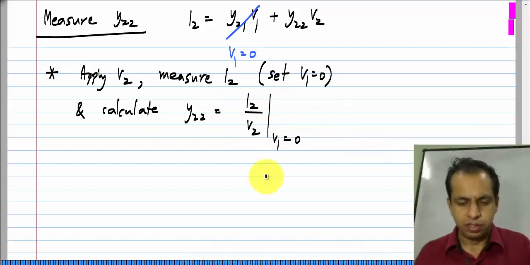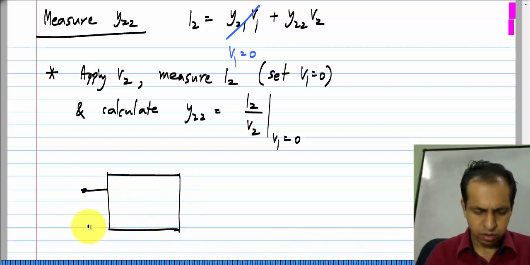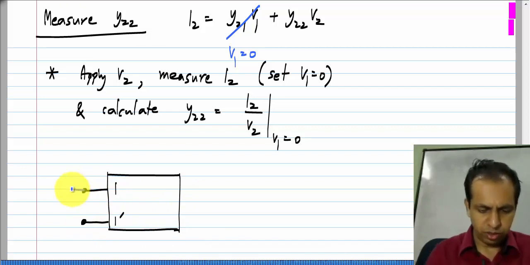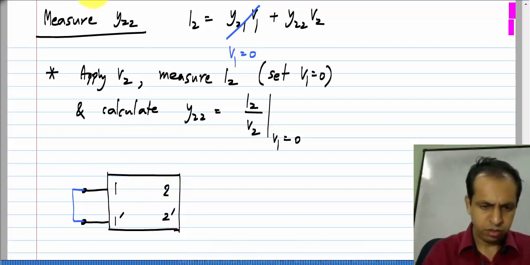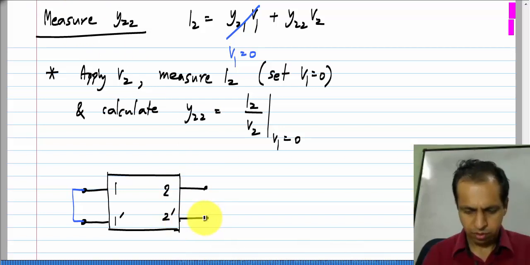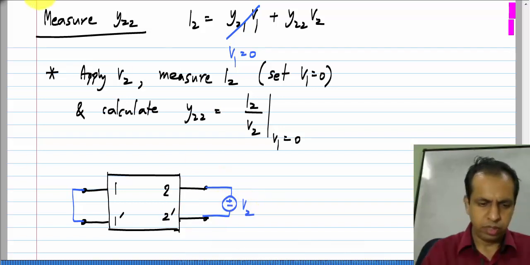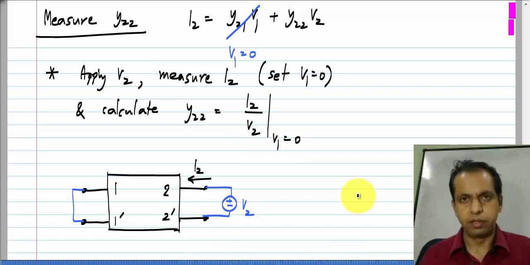And what is this ratio of I2 by V2? We short circuit port 1 and we apply V2 here and I2 goes in there.